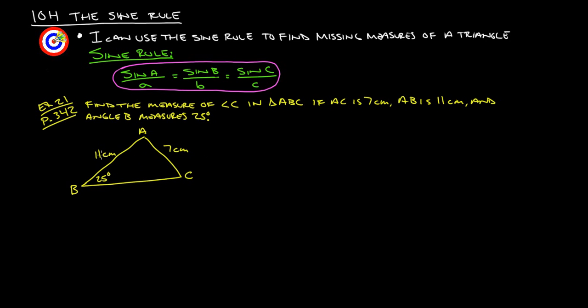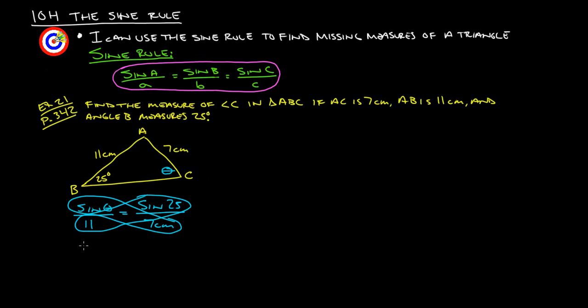We are looking for the measure of angle C, so let's call that theta. So sine theta over its opposite side, which is 11 centimeters, should equal sine 25 over its opposite side, which is 7 centimeters.